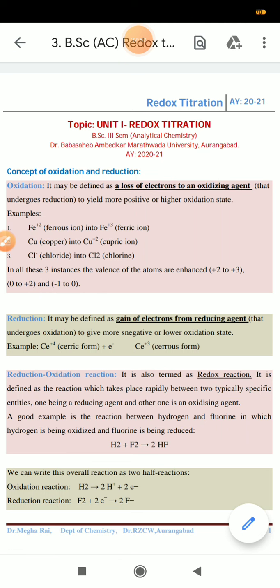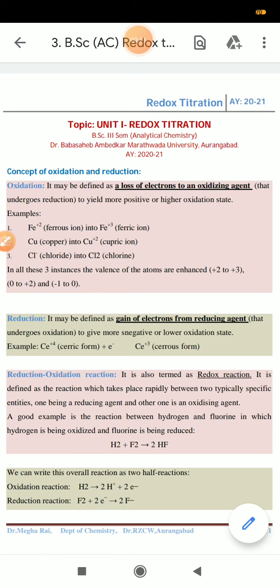A best example is H2 plus F2 gaseous converted to 2HF, hydrogen fluoride. Hydrogen reacts with fluorine to give 2 moles of hydrogen fluoride. This means oxidation and reduction go on simultaneously in a reaction.